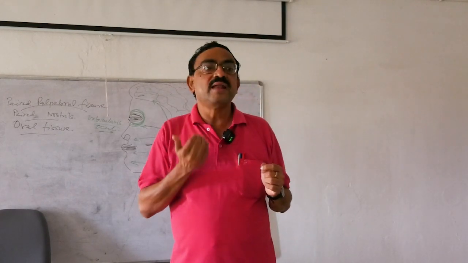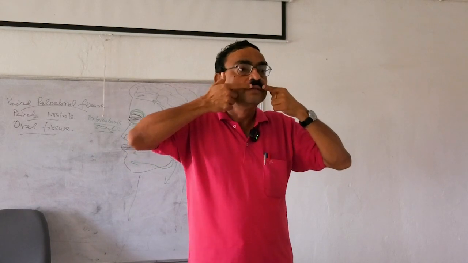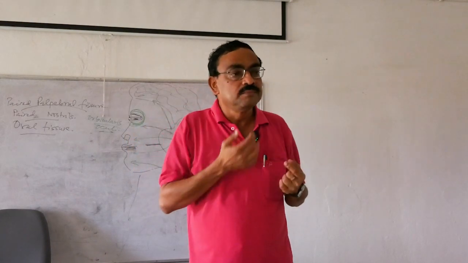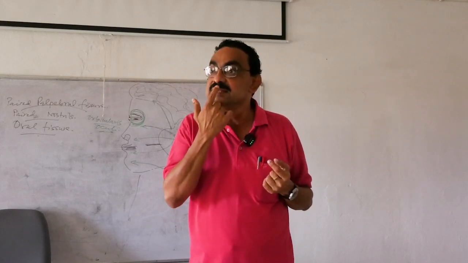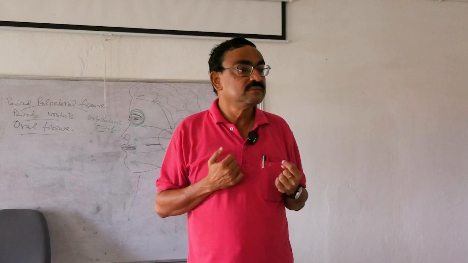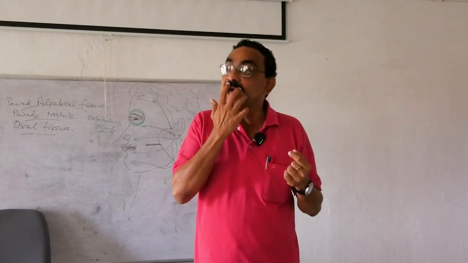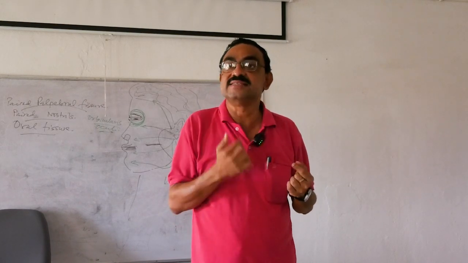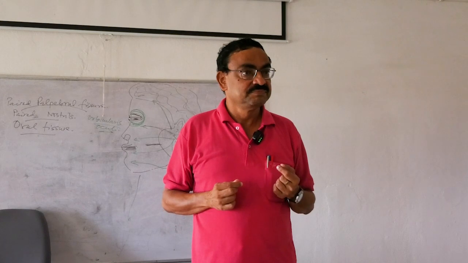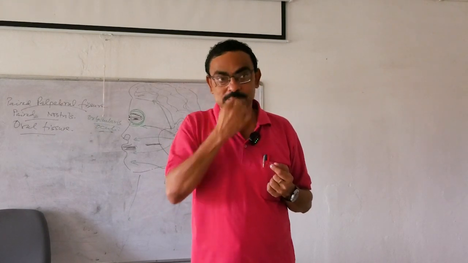Another in a deeper plane which helps to elevate the upper lip. On the medial side there is levator labii superioris alaeque nasi, which is also in relation to the nose.